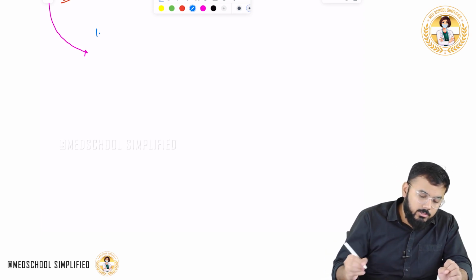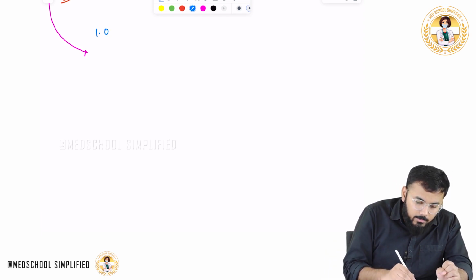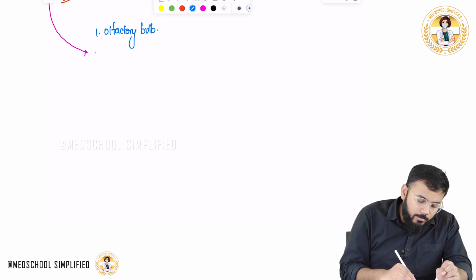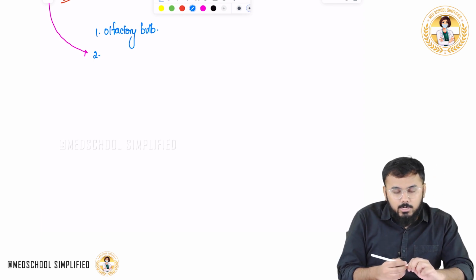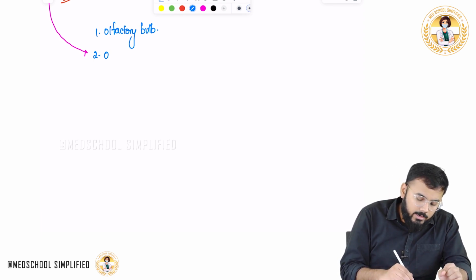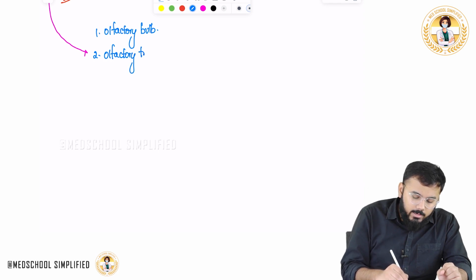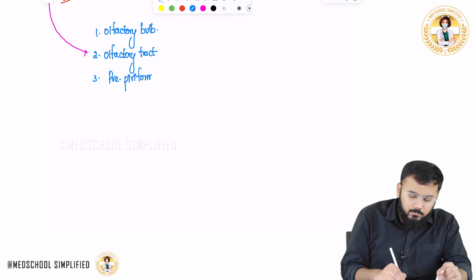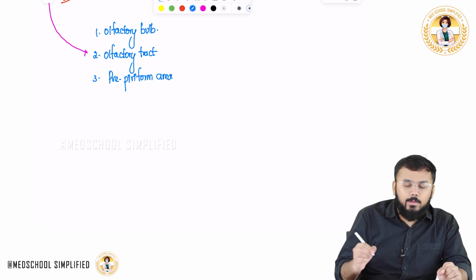The first important structure over here is the olfactory bulb. Now, beneath the olfactory bulb, if you know the picture, you will have the answer: that is the olfactory tract. Beneath the olfactory tract you have the pre-piriform area.